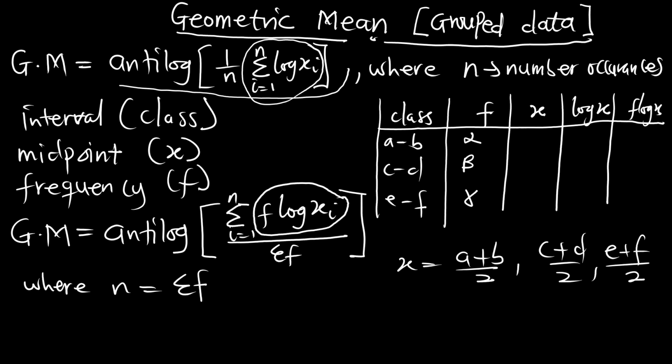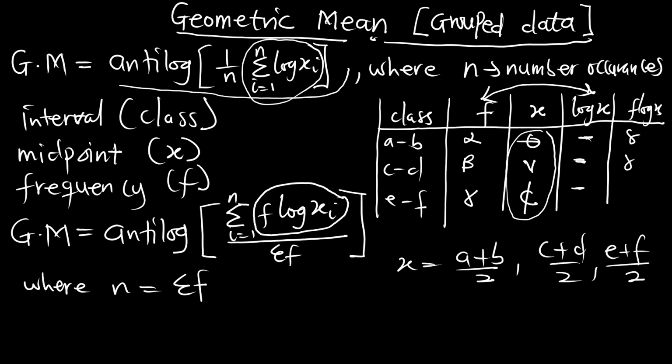So let's say the midpoints we are getting are theta, V, and C. Now we are going to find the log of this midpoint and write the answer over here. Are we okay? So whatever we have for the log of x, we are going to multiply by the frequency to put the answer right here.